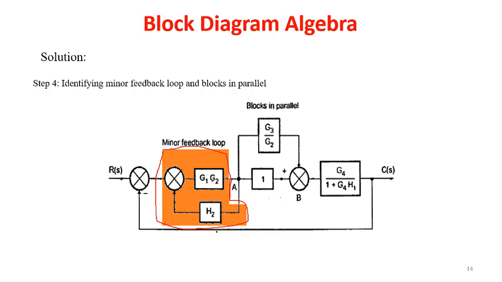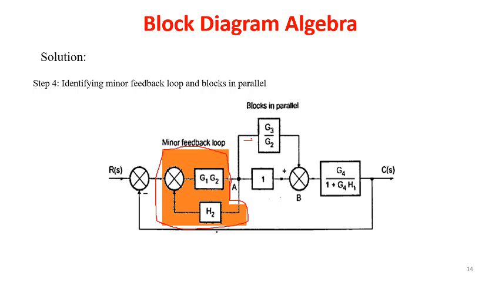So the feedback loop will be getting converted into one reduction block, which is having in the numerator G1 G2 whole divided by 1, it will be having a negative feedback, hence it will be G1 G2 whole divided by 1 plus G1 G2 H2. And when these are in parallel, as I have stated previously, it will be G2 plus G3 whole divided by G2.